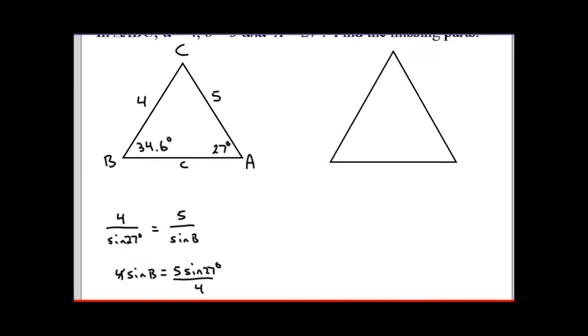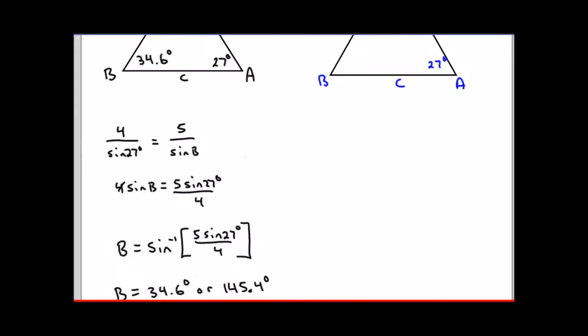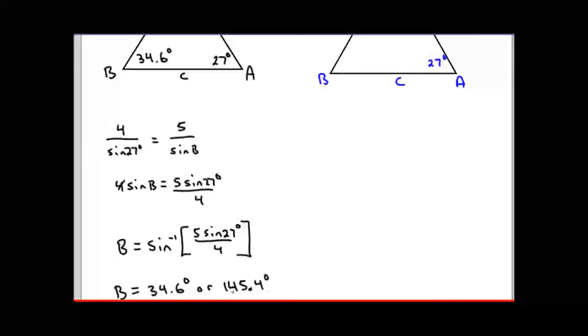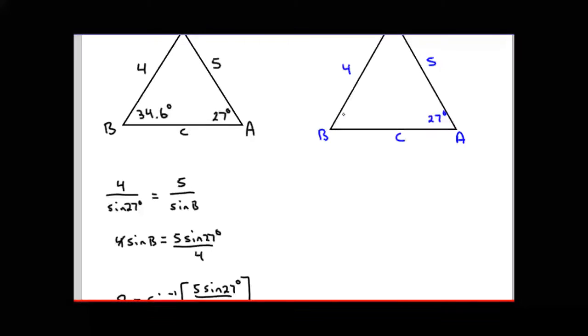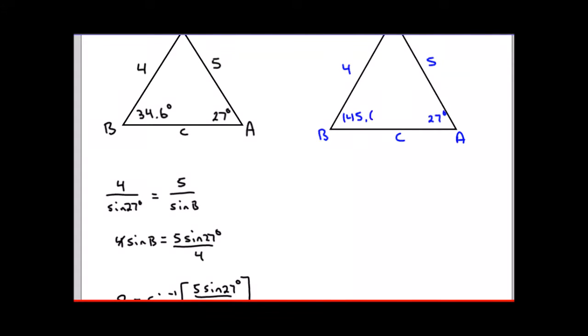So I'm going to draw this possible second triangle here, where this is angle C, this is B, this is A, this is side C. We know this is 4, we know this is 5, and this is 27 degrees. We're saying we could have a possibility that angle B is 145.6. So let's say I put 145.6 degrees in here.